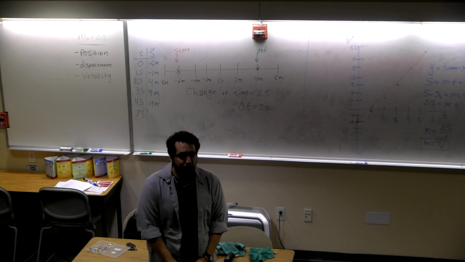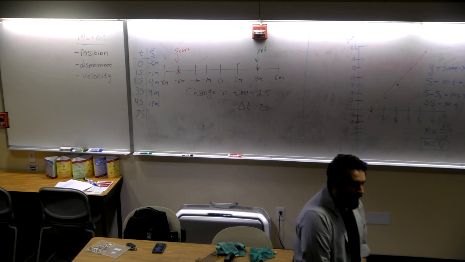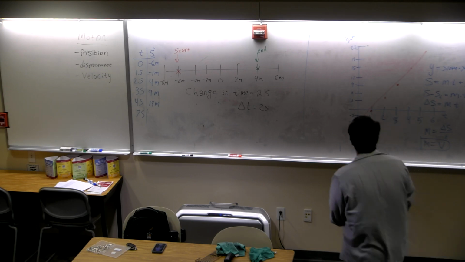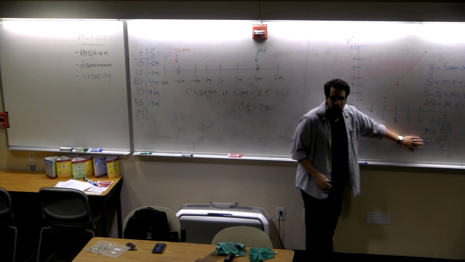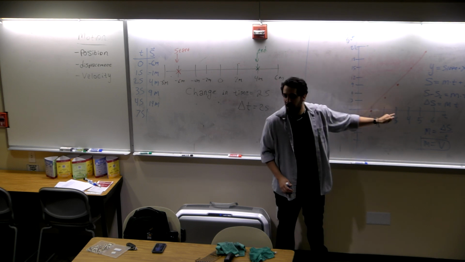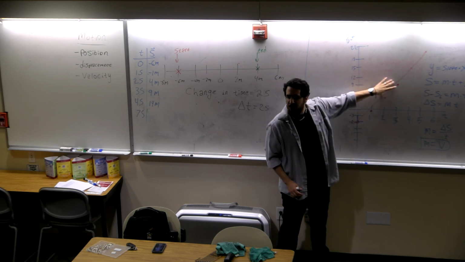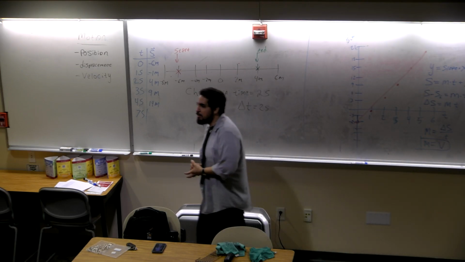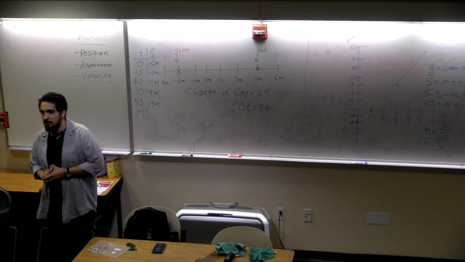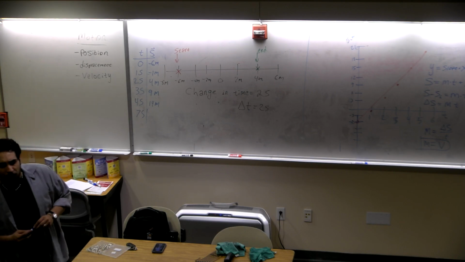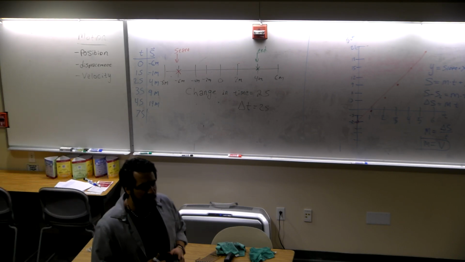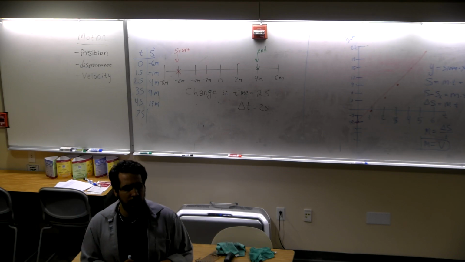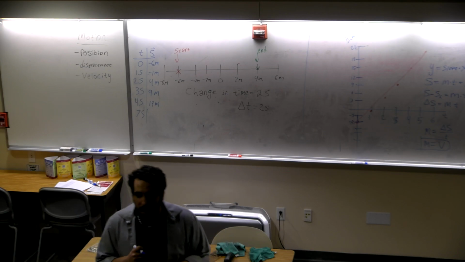Velocity is given by the rate of change of your position. So your velocity vector is the rate of change of your position.